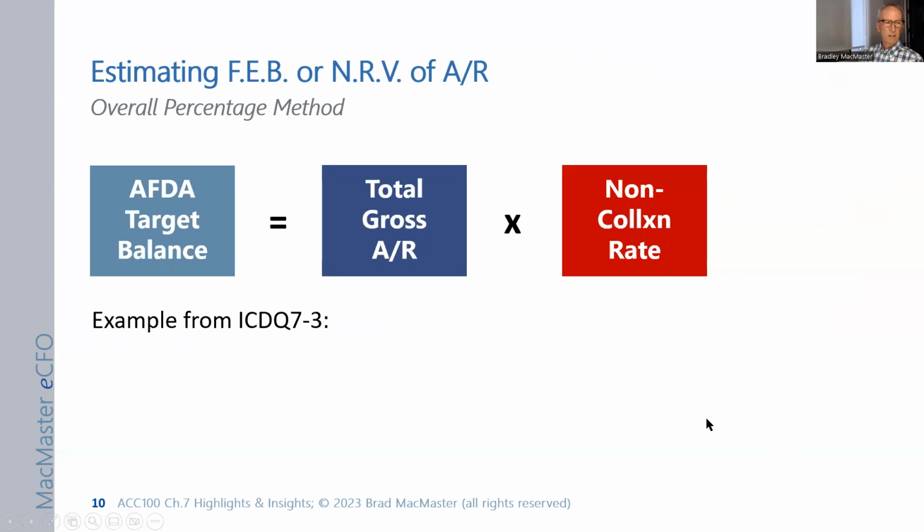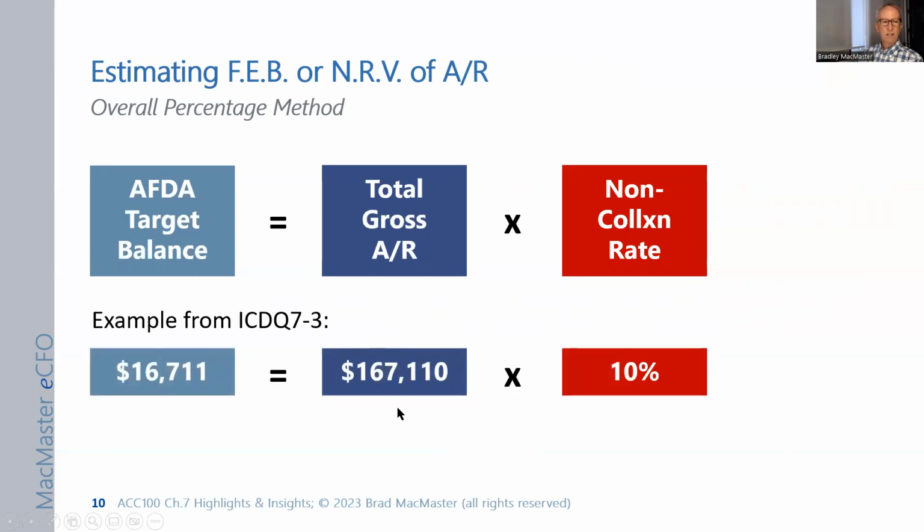It was in-class demo question number 7.3. And we had accounts receivable of $167,110. We estimated the non-collection rate at 10%. This is using the overall percentage method. So we had one rate that was applied to the total of all accounts receivable. So 10% of 167,110 gave us a target balance in the allowance for doubtful accounts of 16,711.